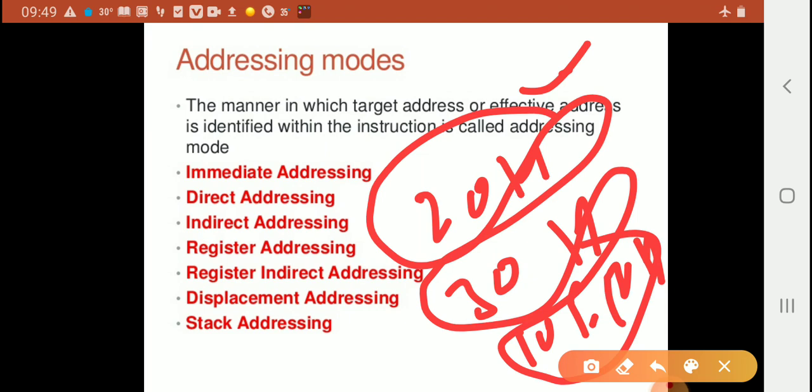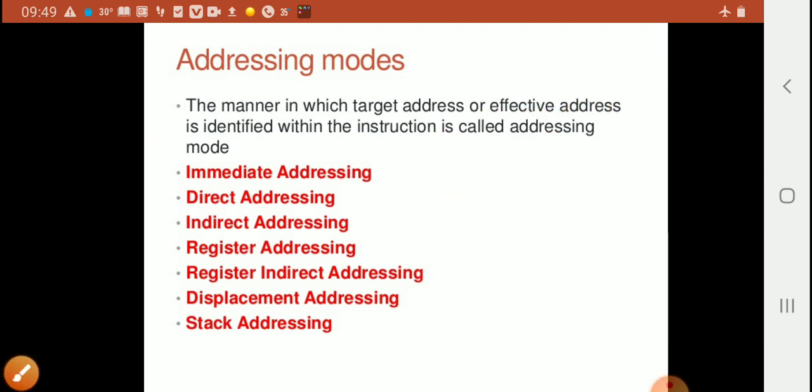So this effective address is identified within the instruction, which is called addressing mode. First, immediate addressing mode. Second, direct addressing, indirect addressing, register addressing, register indirect addressing, displacement addressing, or stack addressing.